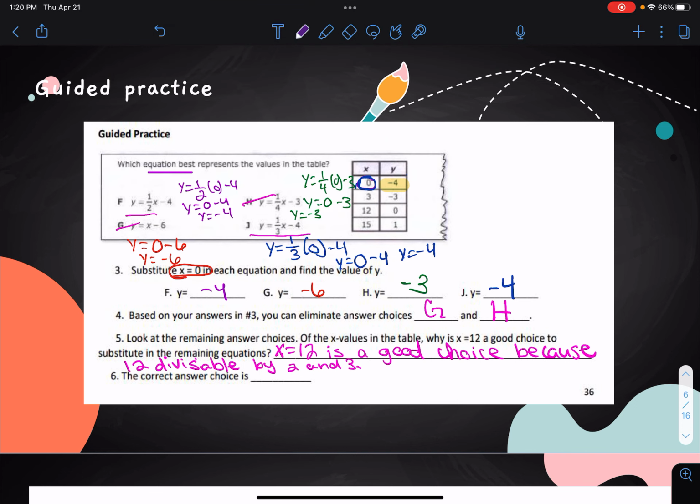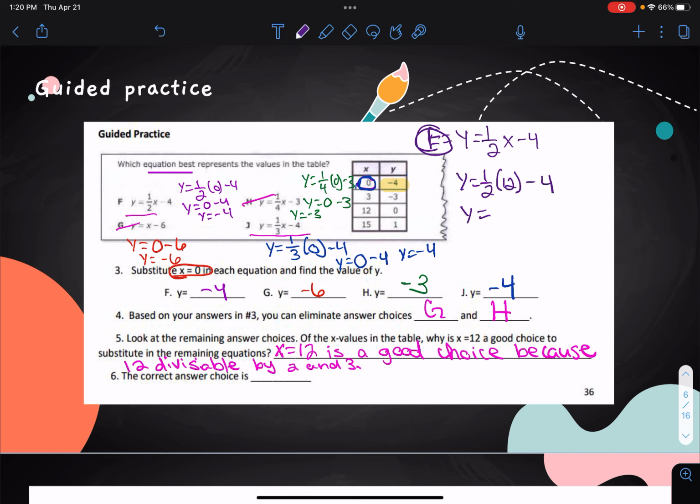Okay, so now we're going to plug our 12 into our equation. So let's try F. And for F, we have y equals 1/2 x minus 4, or answer choice F. So we're going to have y equals 1/2 times 12 minus 4.